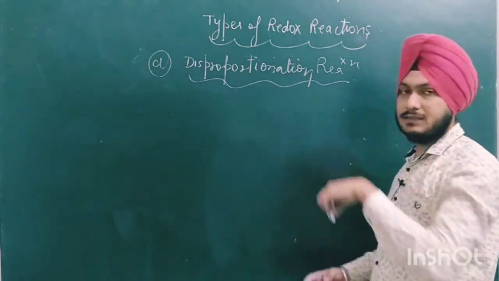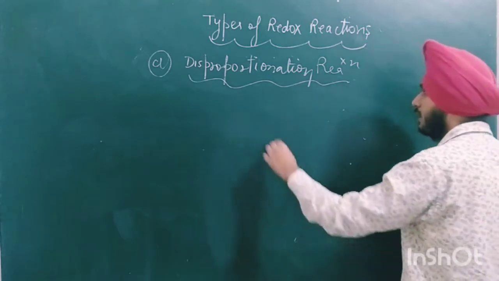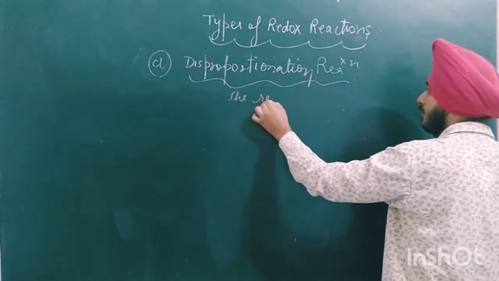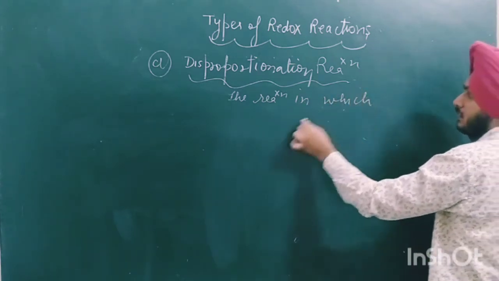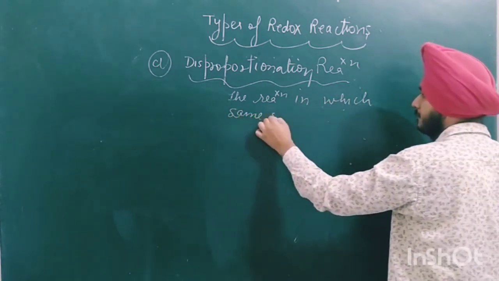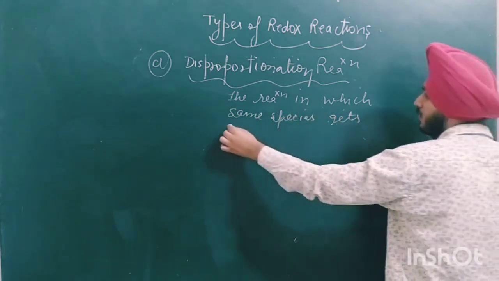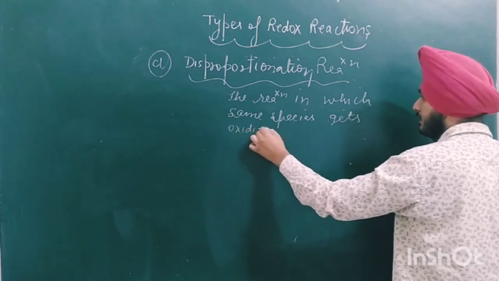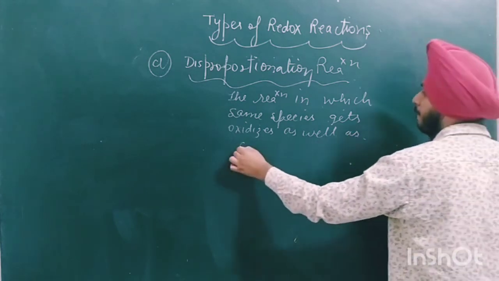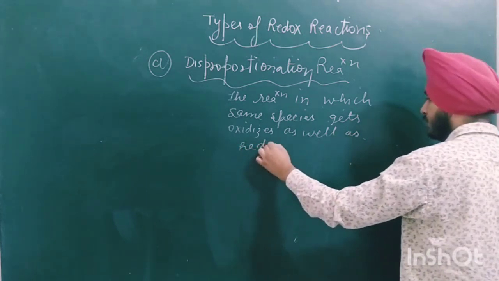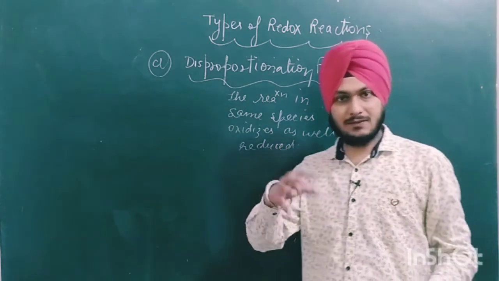A disproportionation reaction is a reaction in which the same species gets oxidized as well as reduced.